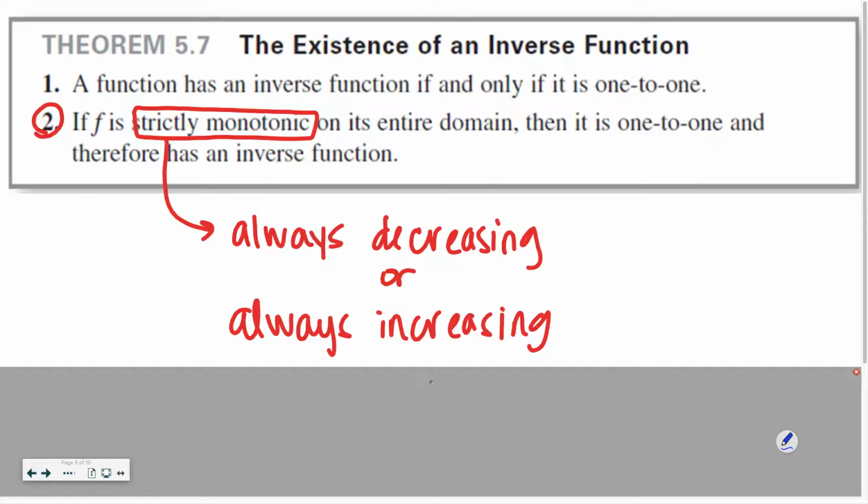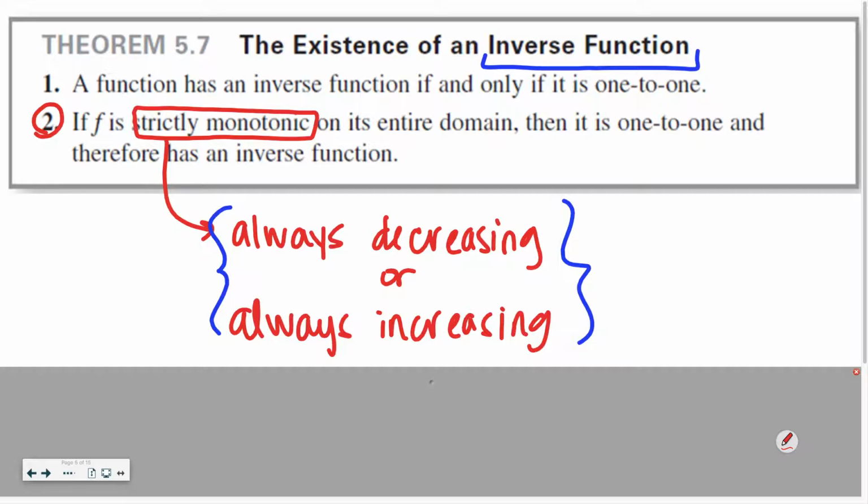And this is what we need here. If we have an inverse function that exists, in order to pass the horizontal line test, we're always going to be increasing or we're always going to be decreasing. As soon as we have that turn, we're no longer going to pass the horizontal line test. If we have any sort of minimum or maximum, any sort of turning point, we are not going to pass the horizontal line test.